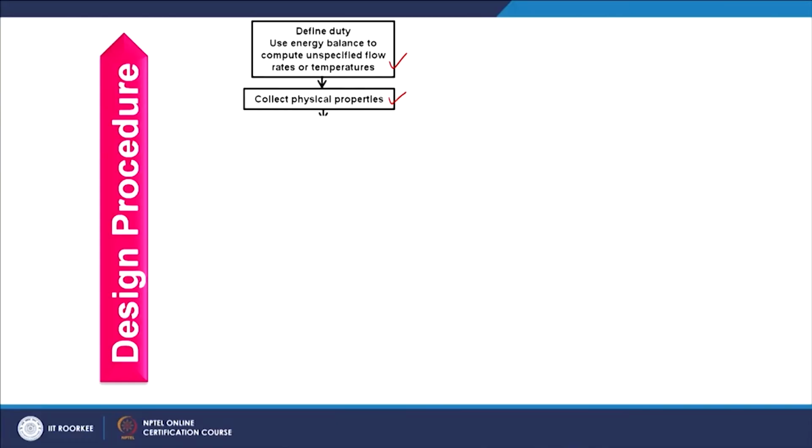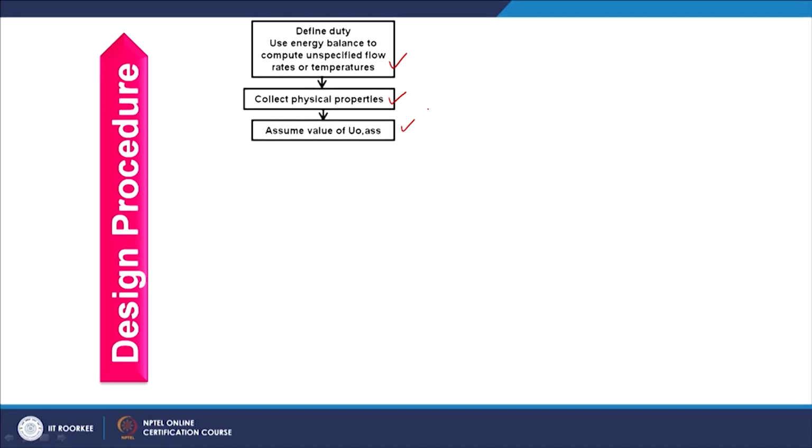After that, the third step is to assume the overall heat transfer coefficient, because unless you assume an overall coefficient, you cannot find out the area. Once you find out the area, then only can you proceed to heat transfer coefficient calculations. So, first assume the overall coefficient based on outer surface.